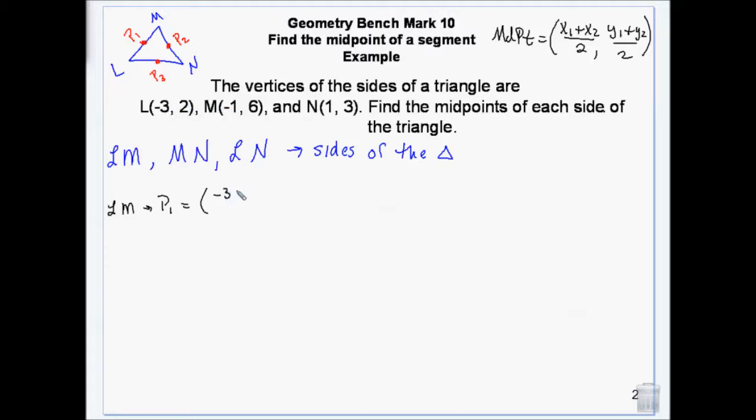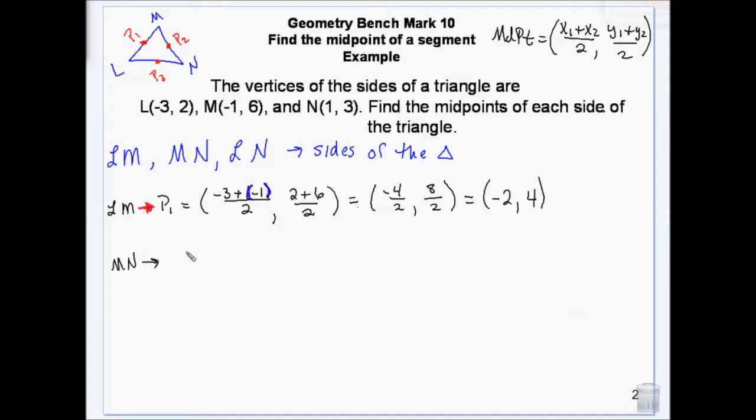So -3 plus -1 divided by 2, and then 2 plus 6 divided by 2, because that's y1 and y2. So -3 plus -1 is -4. 2 plus 6 is 8. -4 divided by 2 is -2. 8 divided by 2 is 4.